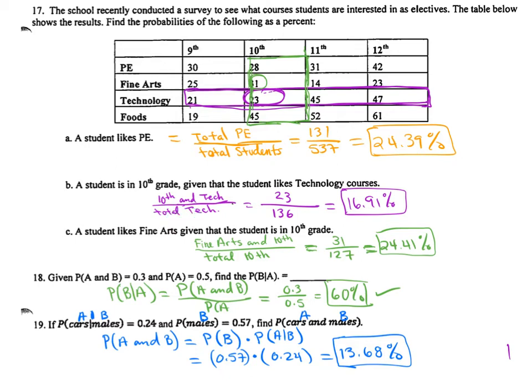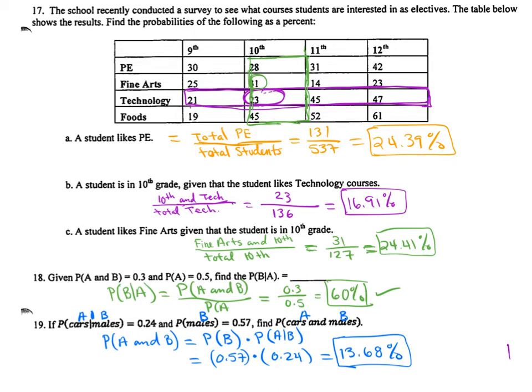So we add the numbers in this purple box, which is the technology line, 21 plus 23 plus 45 plus 47 gives us a total of 136. Now, out of that 136, we only want those in the 10th grade. So we go back here and circle the 23. That's going to be your top number, and 23 divided by 136 gives you 16.91.